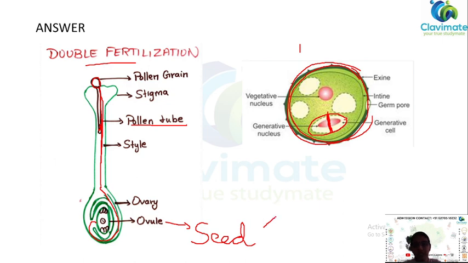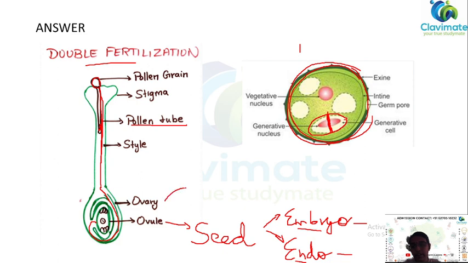The seed has two parts, the embryo and the endosperm. The embryo is the zygote, and the endosperm is a nutritive tissue. Embryo is 2n and endosperm is 3n.